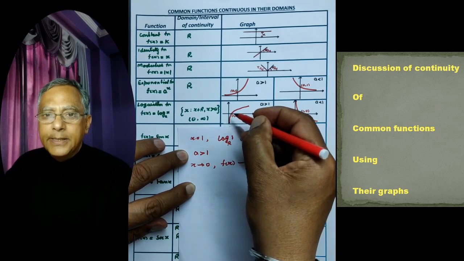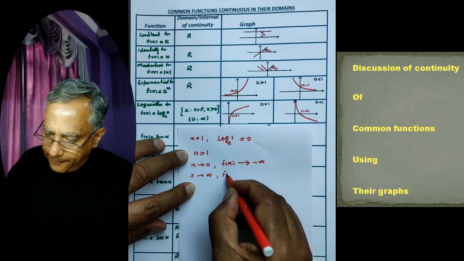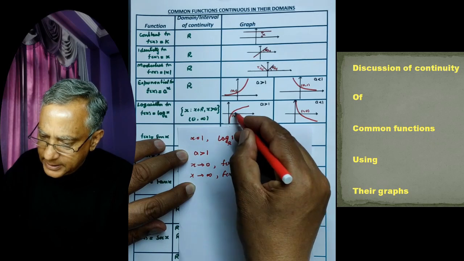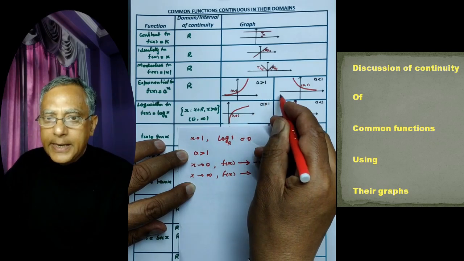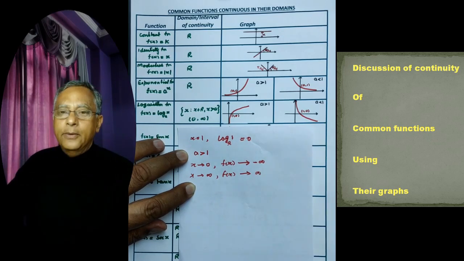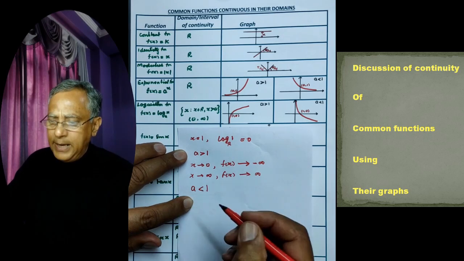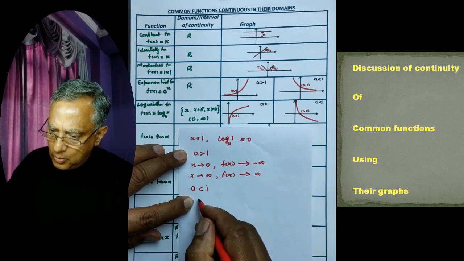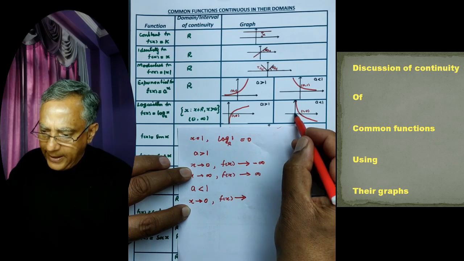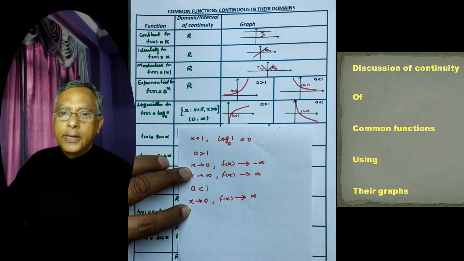And as x tends to infinity, this will keep on increasing and go to infinity. And for a less than 1, what we notice, as x tends to 0, f(x) will tend to infinity.